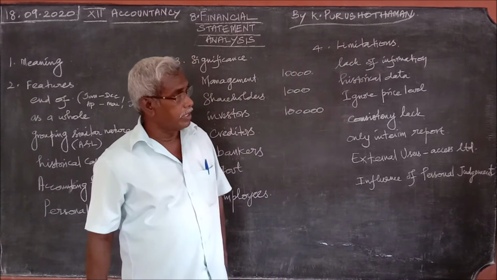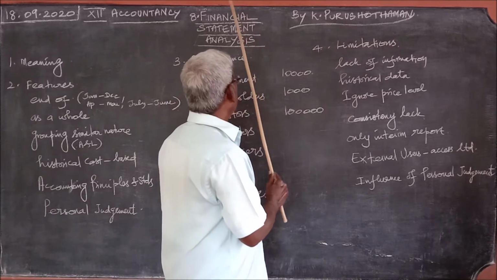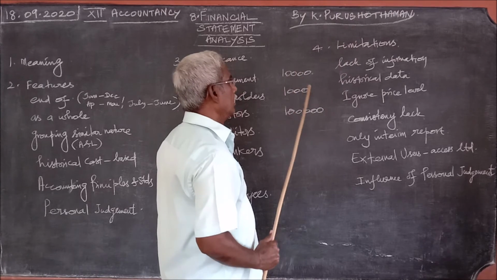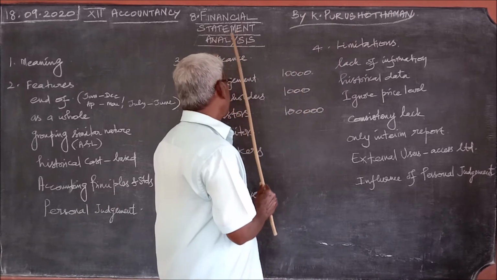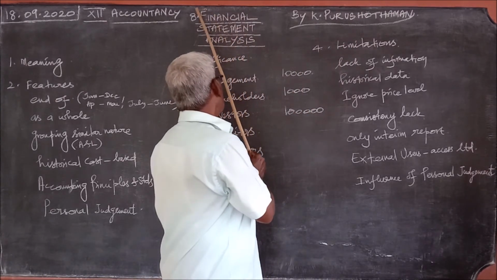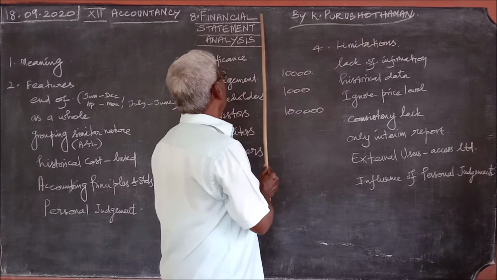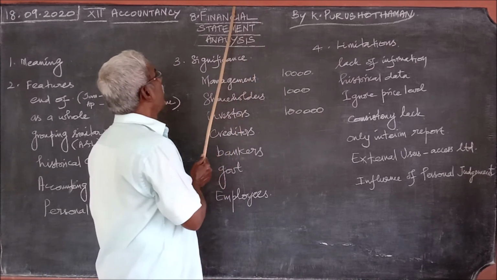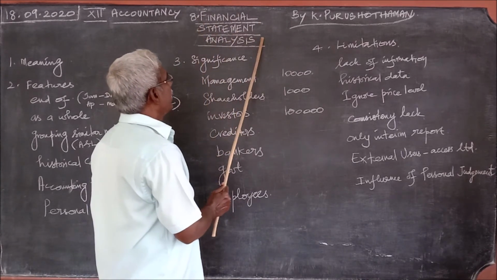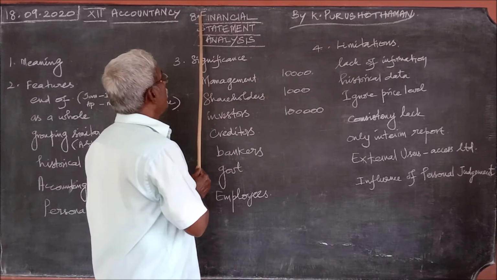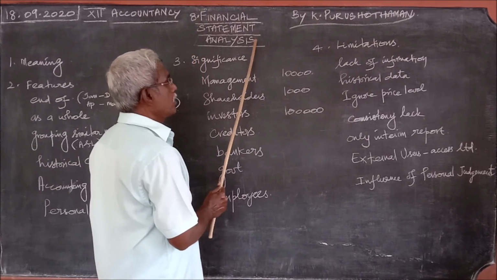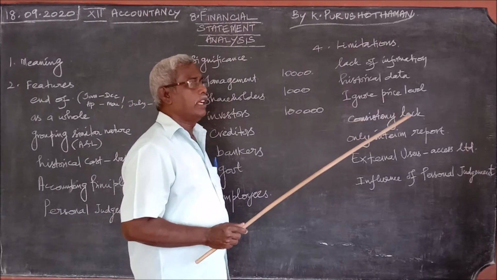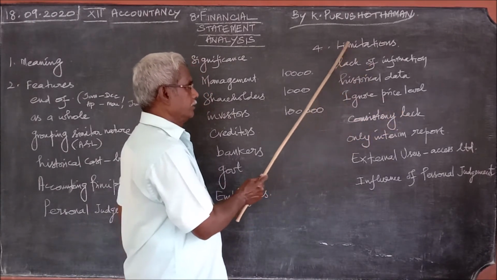In that case, the preparation of financial statement will not be fruitful. It will not contain the true particulars of the business, nor the true facts and principles of the business. So there is a lack of information.